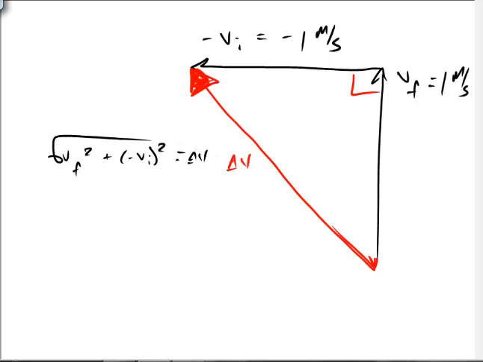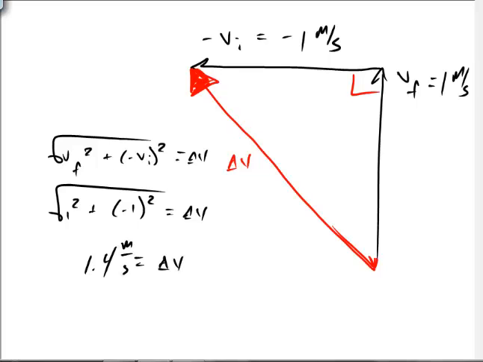We're not used to seeing that, but since it's a right triangle, we get away with it. The square root of 1 squared plus negative 1 squared, and when we work that out with our calculator, we determine that the change in velocity is in fact 1.4 meters per second due to the change in direction. We weren't going right anymore, we were going up. And in order to change that, we had to have a change in velocity vector up and to the left.